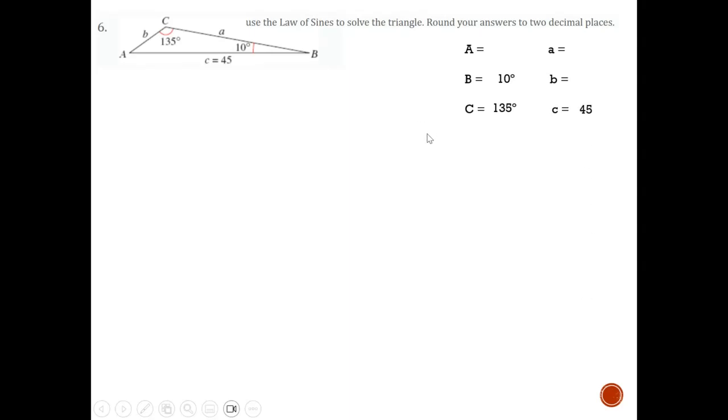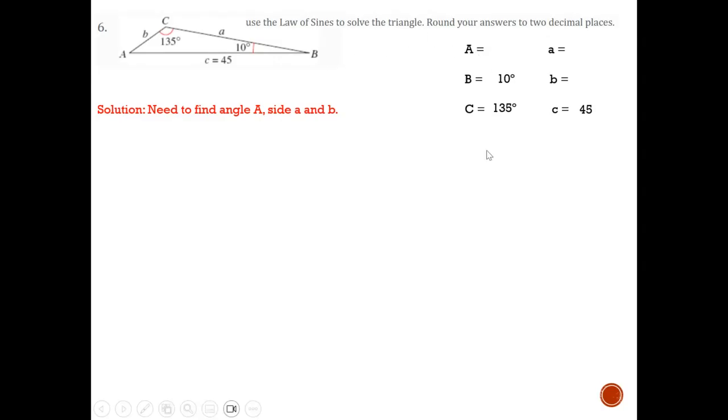To use the law of sines, you have to have a pair. By a pair, I mean you have to have the angle C and the side c. But first, it's easier to solve for angle A, because we should know that all the angles in a triangle add up to 180.